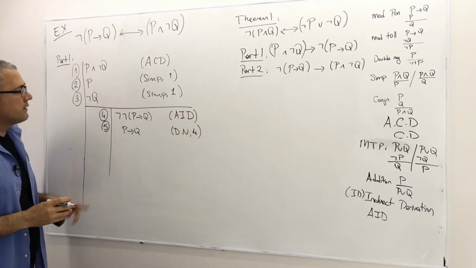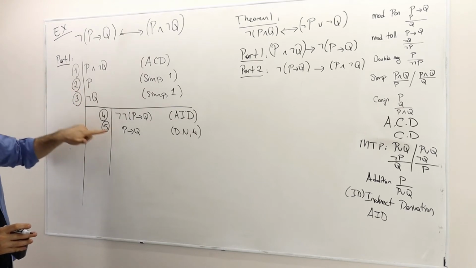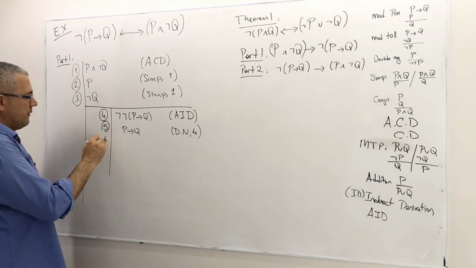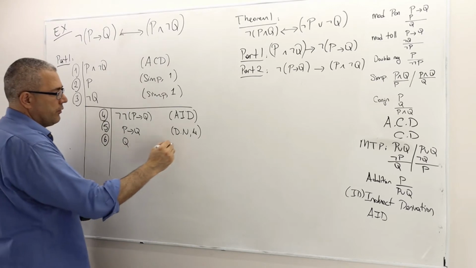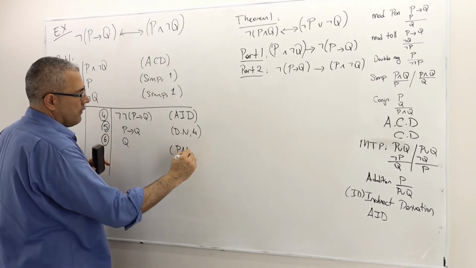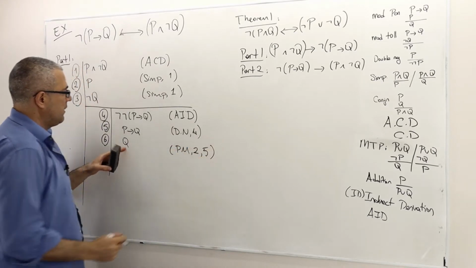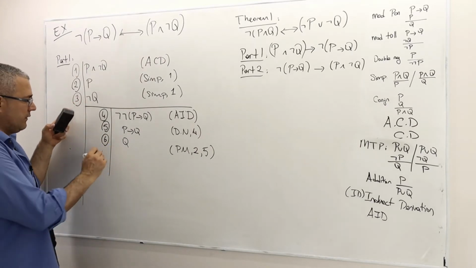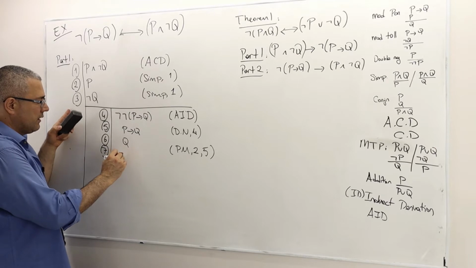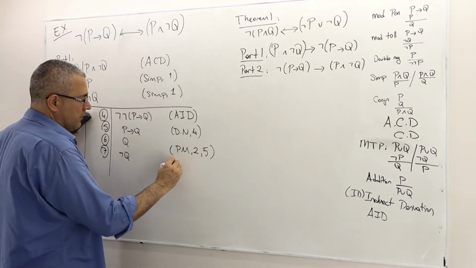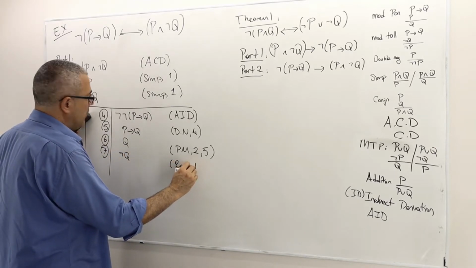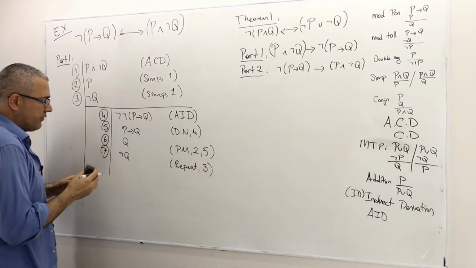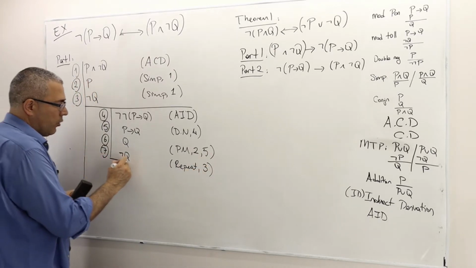All right. So now I can use line 2 and line 5. So Q must be true. This is modus ponens of line 2 and 5. All right. So once I have Q, remember I had not Q. So let me just repeat this. Not Q. So this is repetition of line 3. So I have a contradiction that I was hoping for.